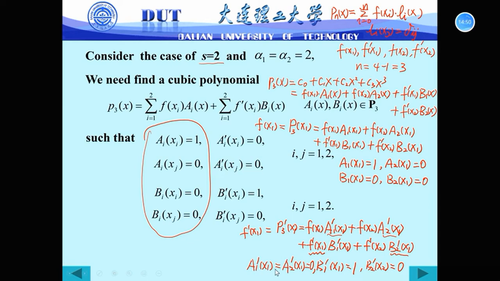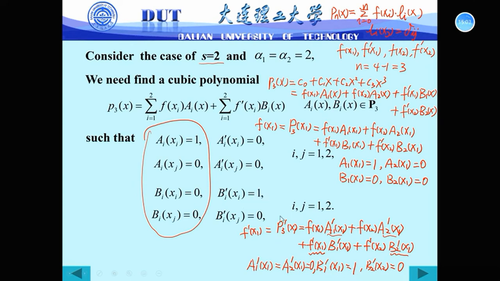You see? 1 and 1, 2 and 1. Okay? Different also 0. And for bi prime xi, then here b1 prime x1 equal to 1.